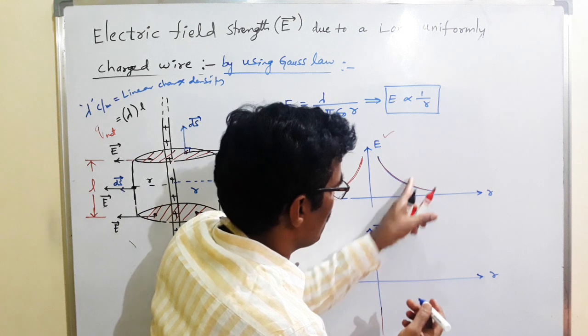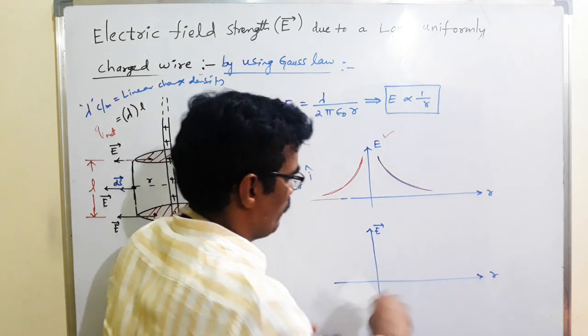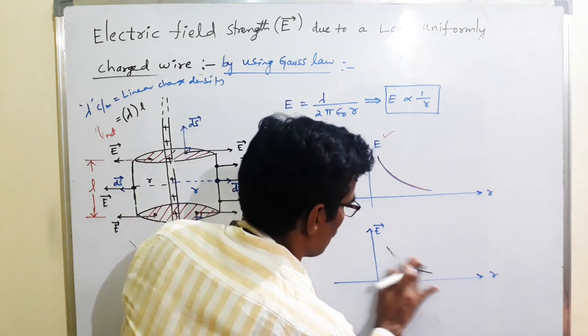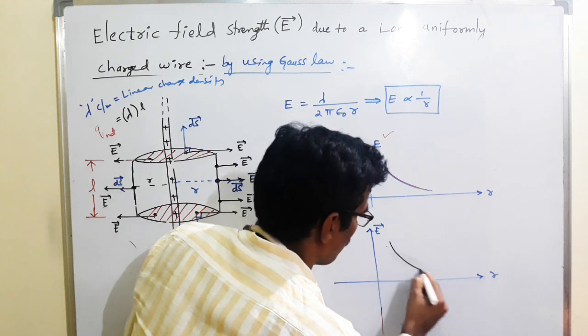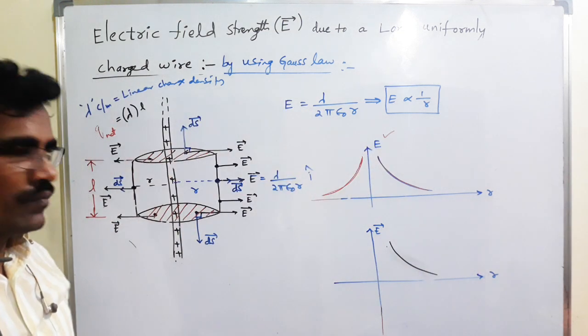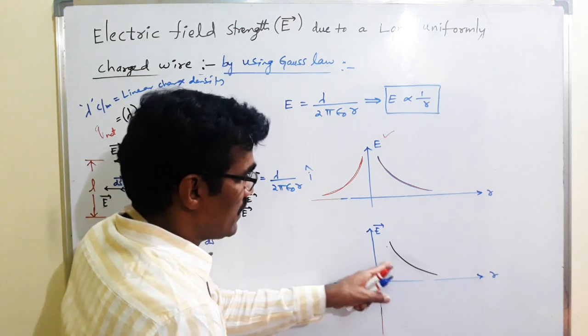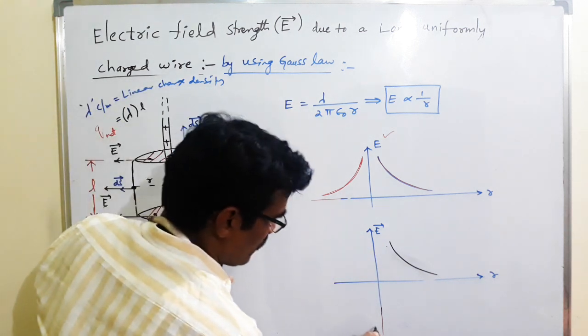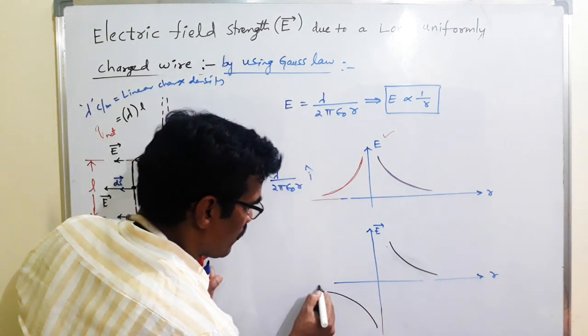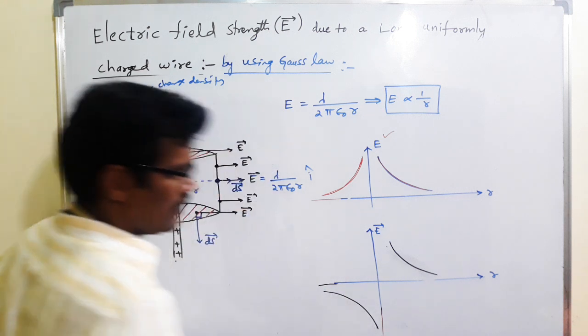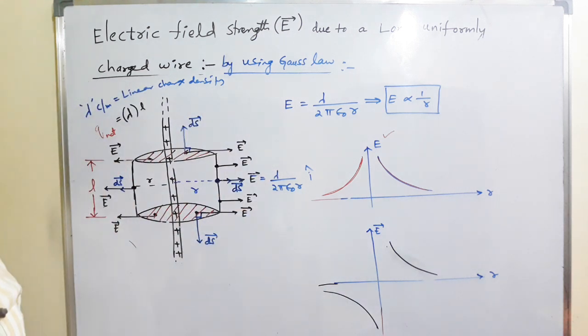So the graph is similar to this, and the right side is the same. That's why you get this graph drawn between these two. Okay, is it clear? Thank you.